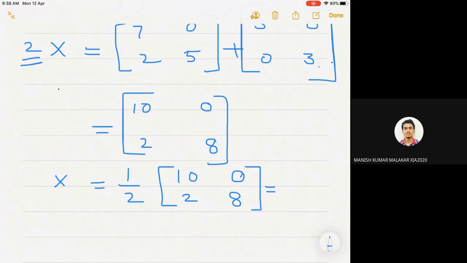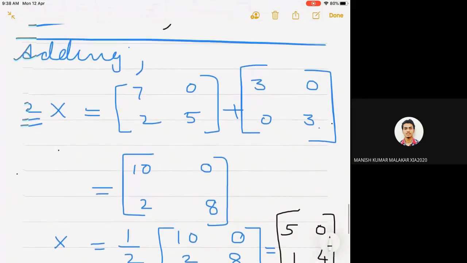That means every element you will be multiplying with 1 by 2. So you will get 5, 0, 1, 4. So this is the value of x. You can notice that x is a square matrix of order 2 by 2.